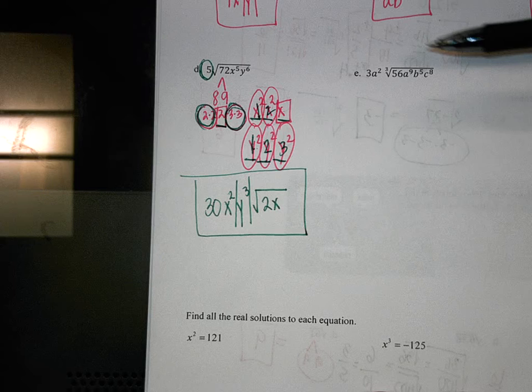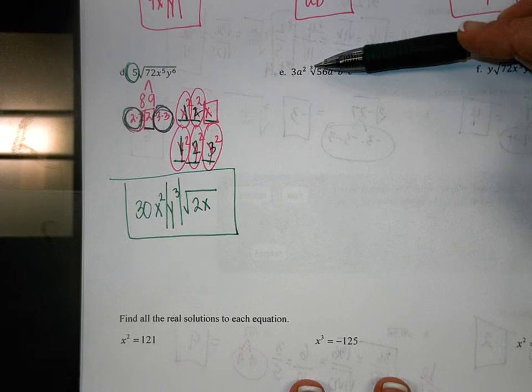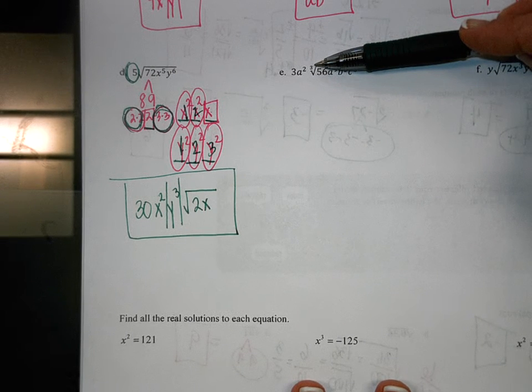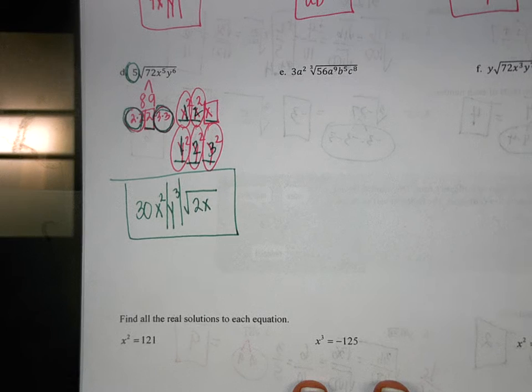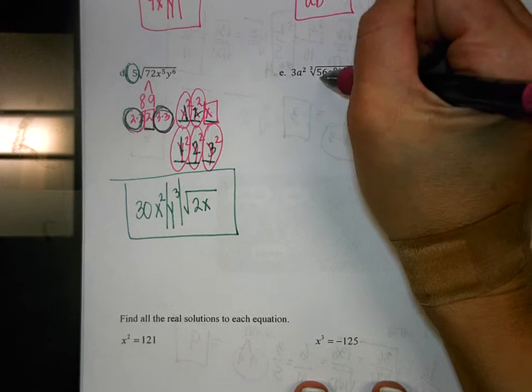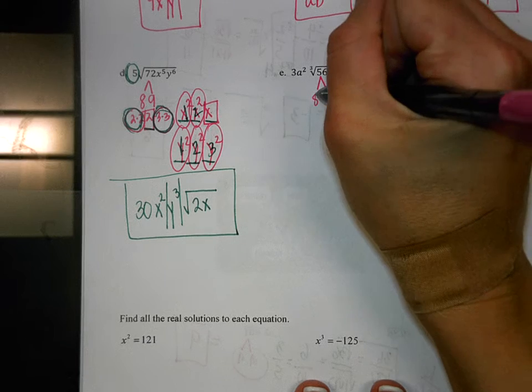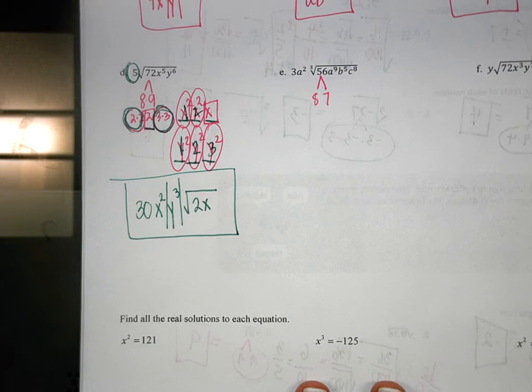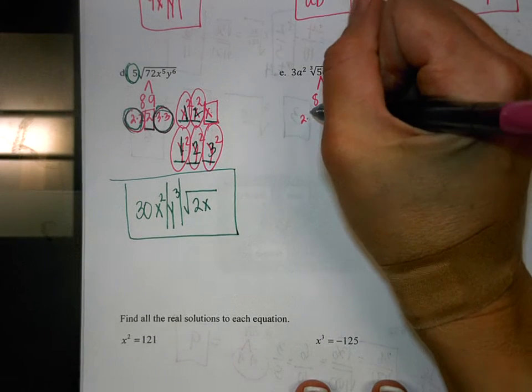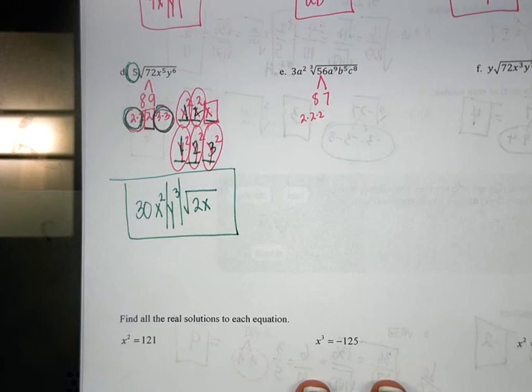Okay, E. Since it's a cubed root, we won't have to worry about absolute values no matter what. What does 56 break down to? Okay, 8 and 7. And then 8 breaks down to be 2 times 2 times 2. How many do you need for a group? 3.